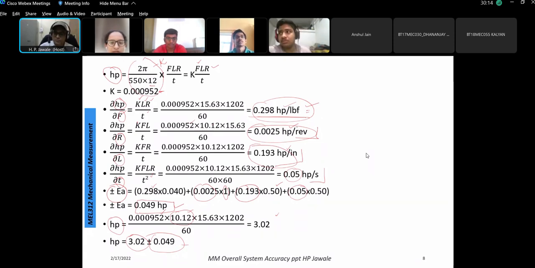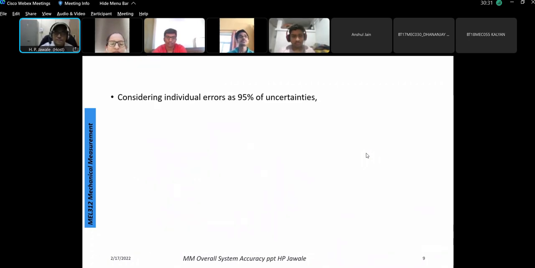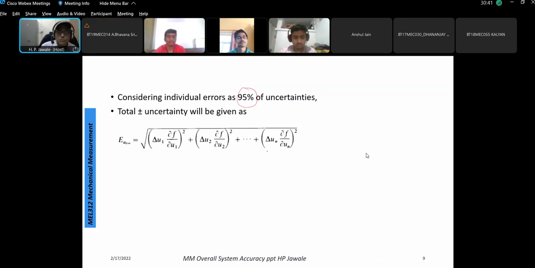But again, if you see the distribution of the randomness of the error, or randomness in the uncertainty, we can understand that it can be considered with 95% confidence and so on. So when we consider the individual errors as 95% of the uncertainty that we have computed, the total uncertainty, plus or minus, will be given by a root mean square value.